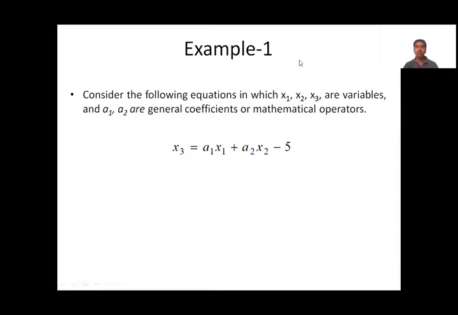By this expression, you can clearly understand that x3 is the output variable, x1, x2 are the input variables, and a1, a2 are the coefficients of x1 and x2 respectively. And also we can understand that x3 is a combination of three terms. First term is a1x1, second term is a2x2, and third term is minus 5.